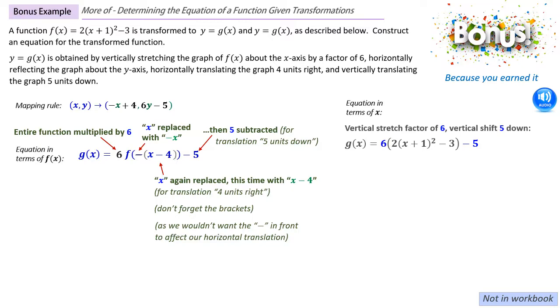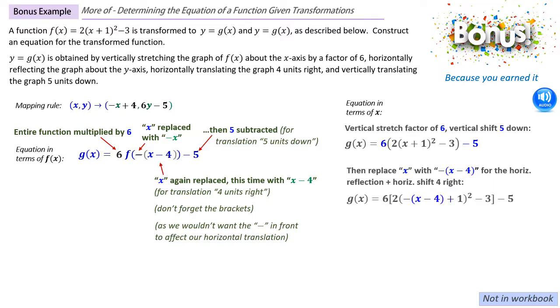Then I'll subtract 5. In order to represent our two horizontal transformations, we'll be replacing x with negative x minus 4. This gives us g of x equal to 6 times [2 (negative x minus 4 plus 1) squared minus 3], minus 5. Wow.